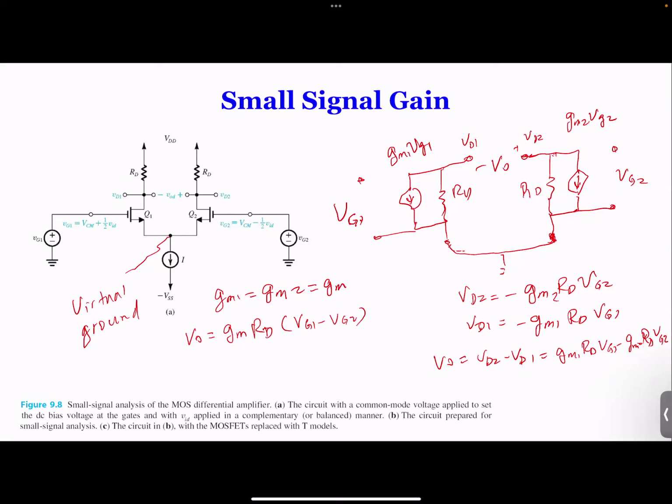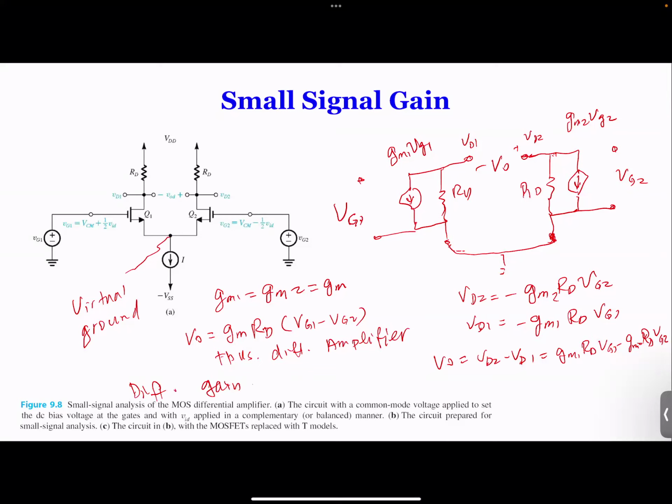Because the output is proportional to the difference between the inputs G1 and G2, that's why we call this a differential amplifier. And the gain, we call it differential gain.